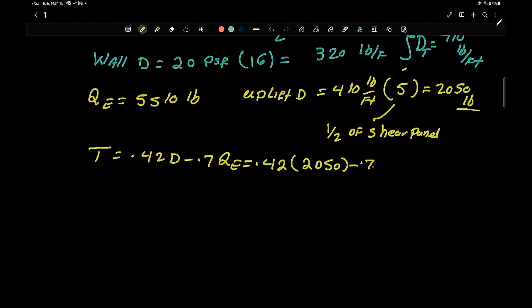Actually, this should be just 5510. The 0.7 factor was already in there.